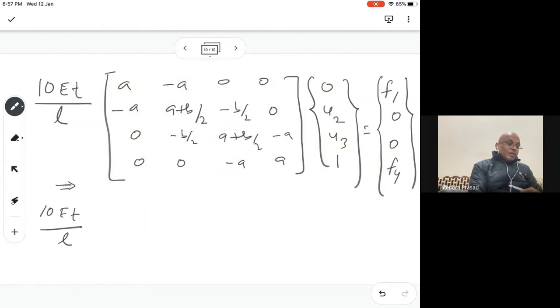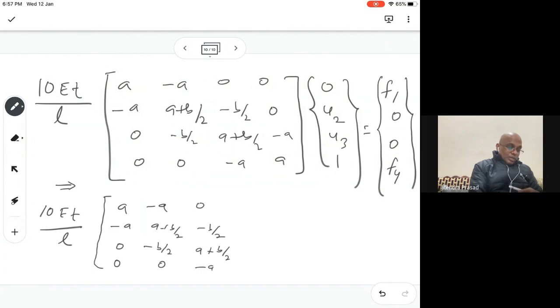And then we do like this: A minus A0 minus A plus B over 2 minus B over 2, then 0 minus B over 2, A plus B over 2, 0, 0 minus A, right?